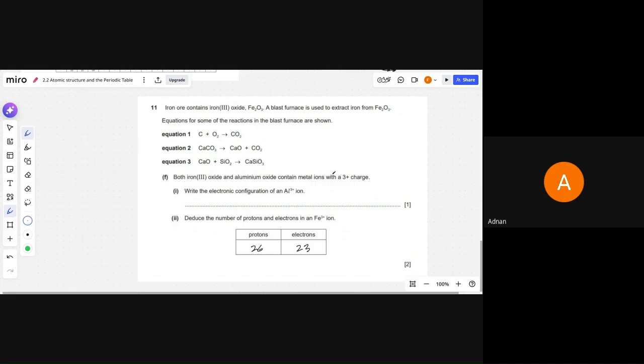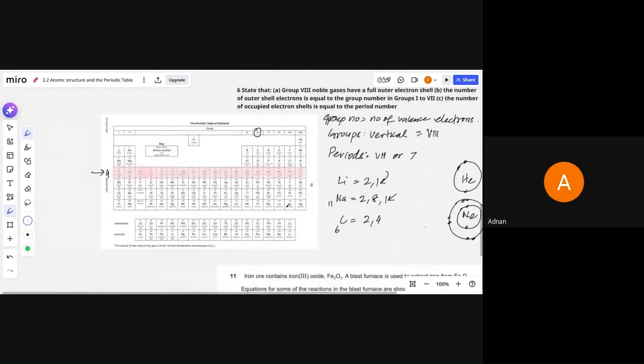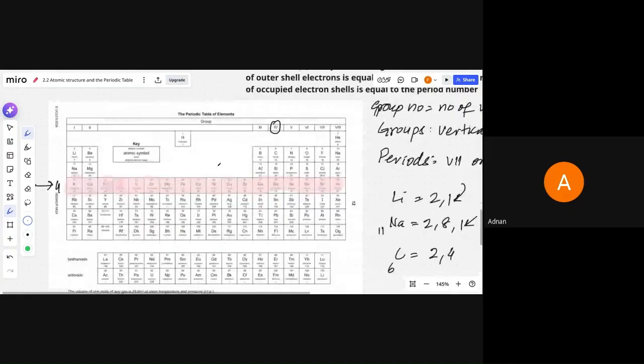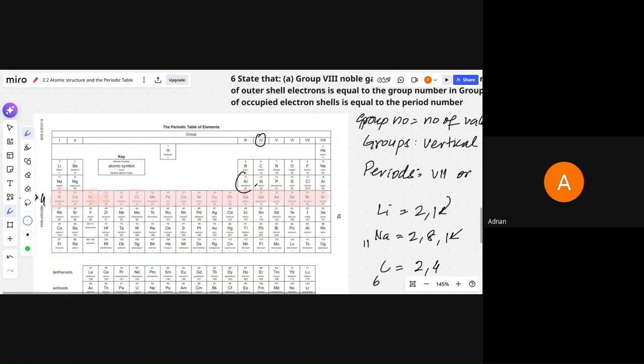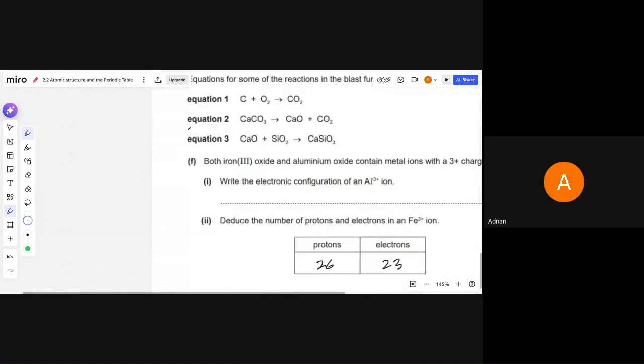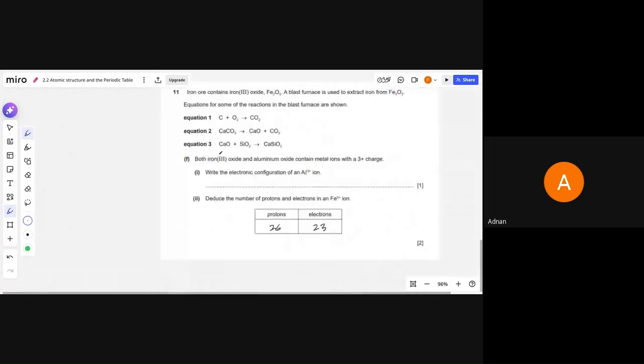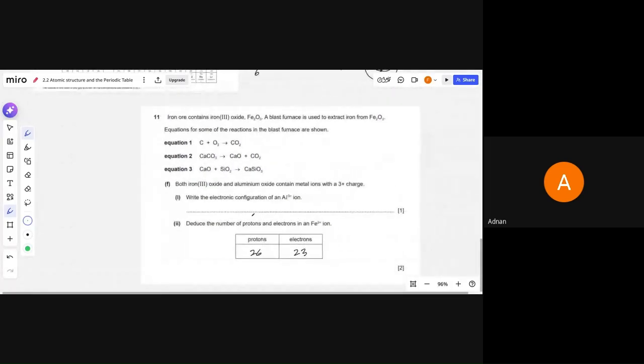Now this is what I was talking about previously, that you have to be careful when they give you an ion. If you look at the periodic table, aluminum is here, and the atomic number is 13. So it will have 13 electrons in its neutral state.